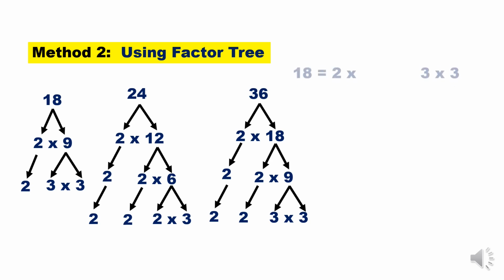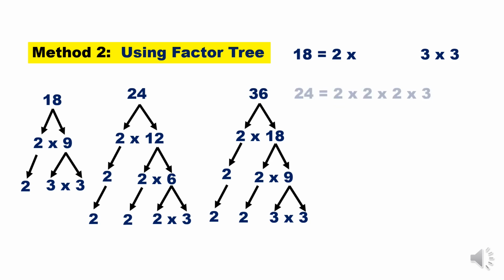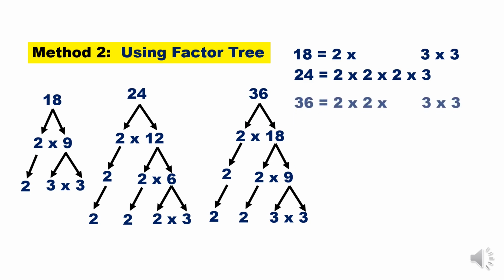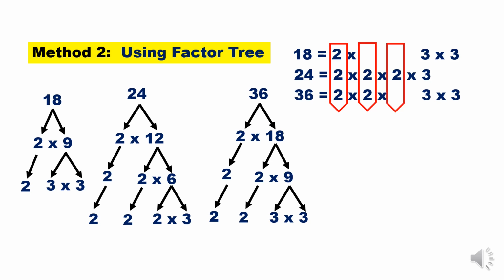The prime factors of 18 are 2 times 3 times 3. Well, 24, 2 times 2 times 2 times 3. 36, 2 times 2 times 3 times 3. Then, pagtapat-tapatin natin.